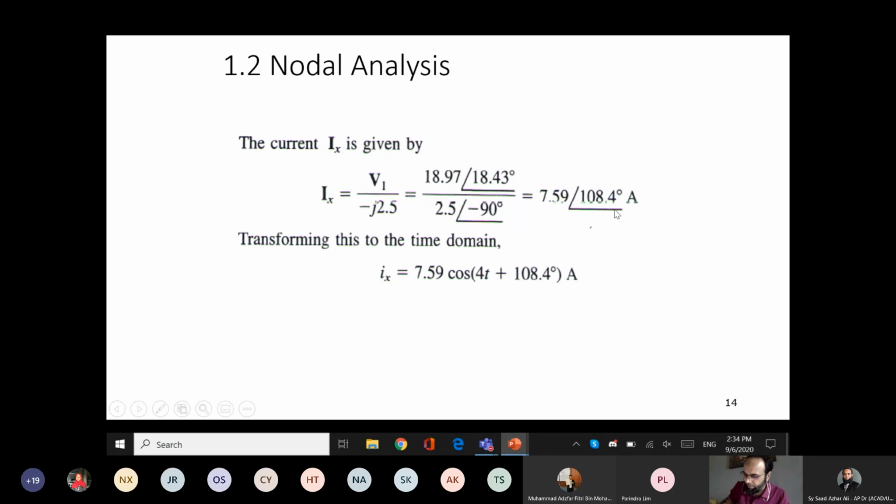This will be the amplitude, we already have the frequency, and this will become the phase of the signal. This is very much standard nodal analysis, nothing new. The theory and concept are all the same, except we are working in complex numbers.